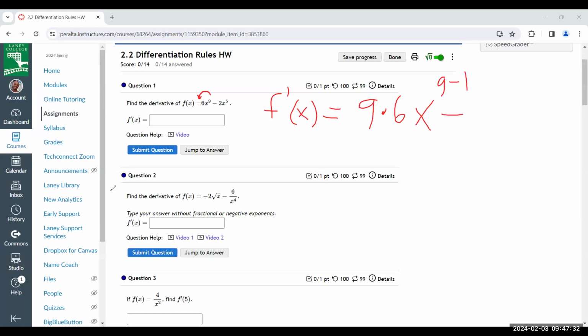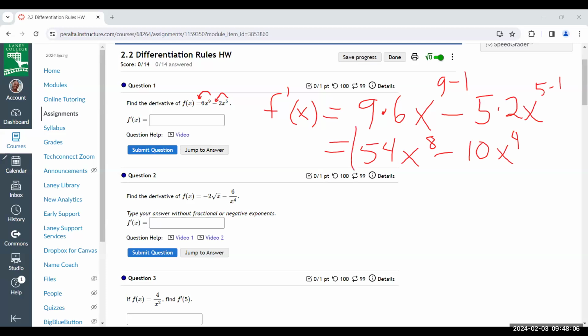And then minus, and then same idea with the 5. The 5 drops to the front. So minus 5 times the 2 that's already there, and then x to the original exponent minus 1. So if we multiply 9 times 6, we get 54, and then take 1 away from our power, we get 54x to the 8th minus 10x to the 4th.